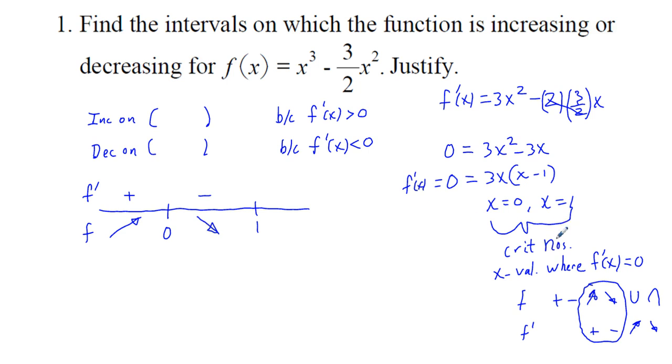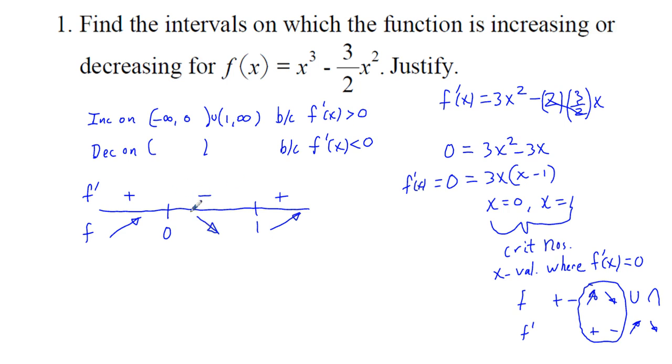And then the last interval is going to be greater than 1. So greater than 1 is going to be positive times a positive. And so we're increasing on the interval from negative infinity to 0, and also we put union from 1 to infinity, and we've pre-justified because f prime of x is greater than 0.